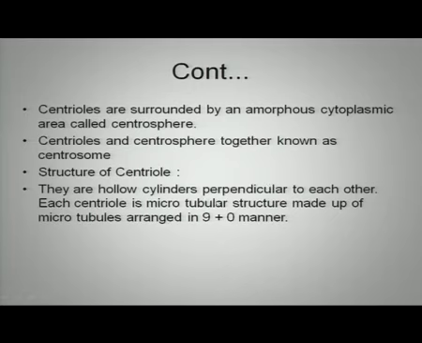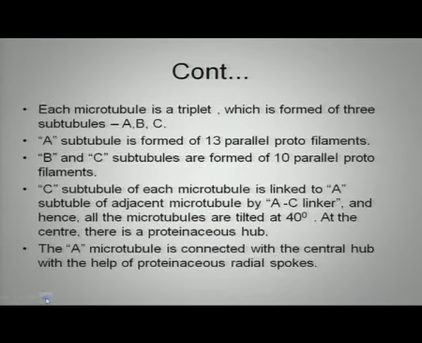Each centriole is microtubular structure made up of microtubules arranged in 9+0 manner. Each microtubule is a triplet which is formed of 3 subtubules A, B and C. A subtubule is formed of 13 parallel protofilaments. B and C subtubules are formed of 10 parallel protofilaments.